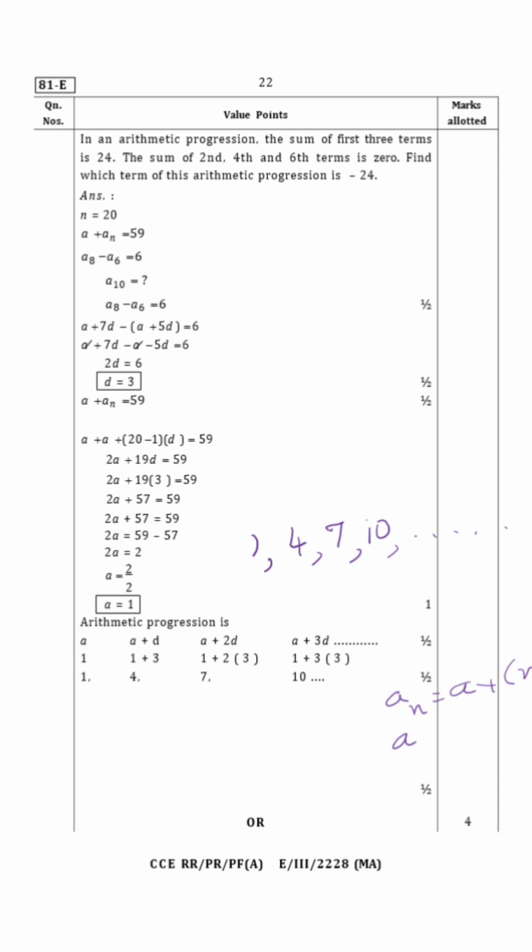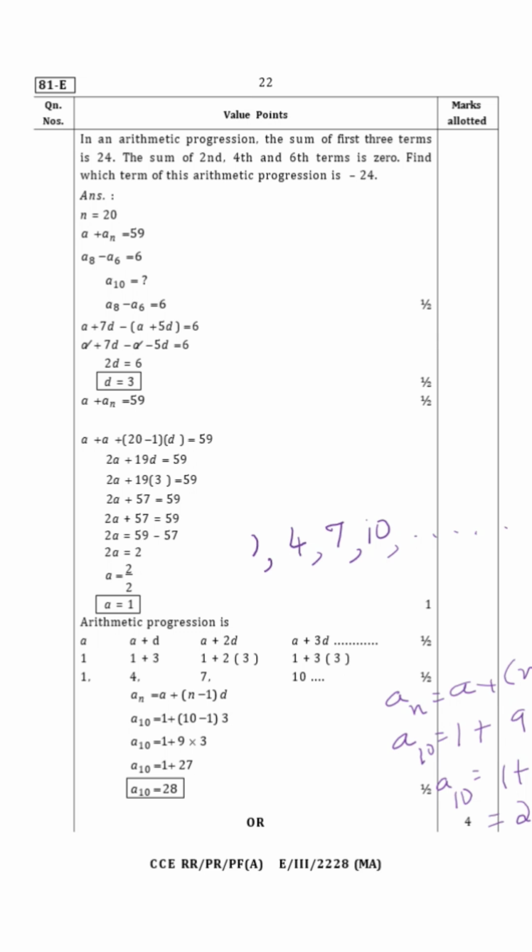We have to find the 10th term. a10 is equal to 1 plus n minus 1, that is 9, d is 3. So the 10th term is equal to 1 plus 9 3s are 27, that is equal to 28. So the 10th term is 28.